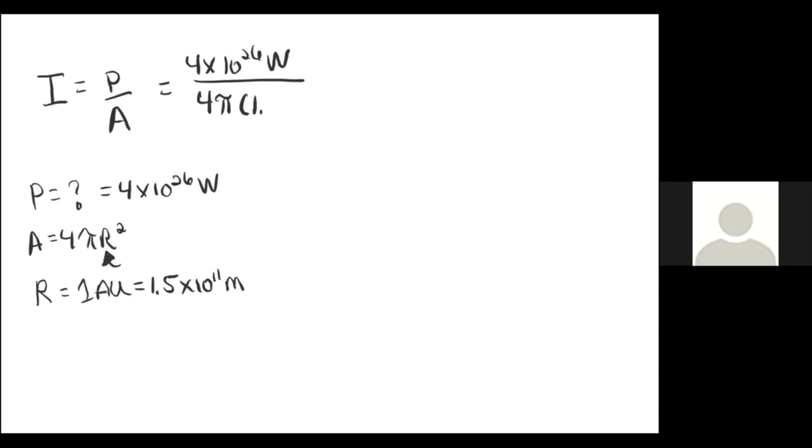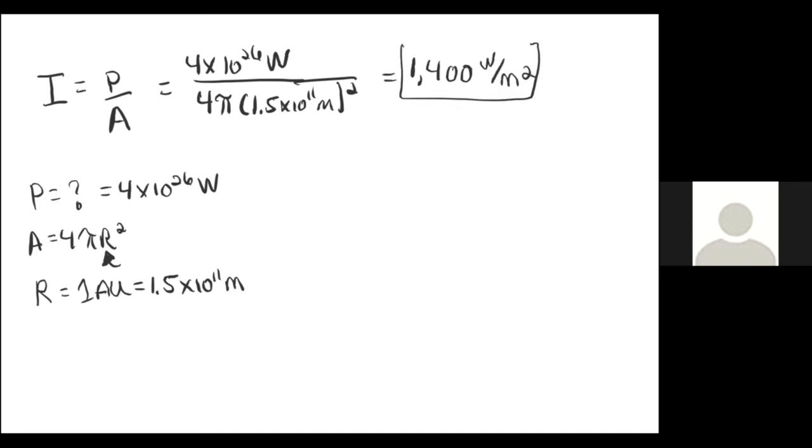Our distance is 1.5 times 10 to the 11 meters squared. So our answer is going to be 1,400 watts per meter squared. So remember, the unit of intensity is watts per meter squared. So that is our average intensity of sunlight above the Earth's surface.